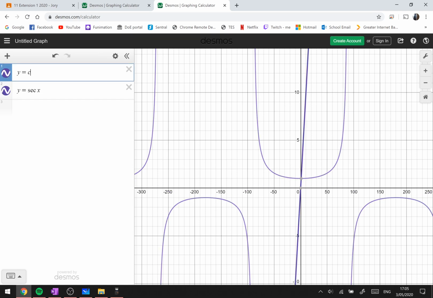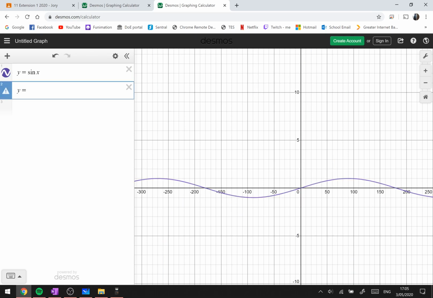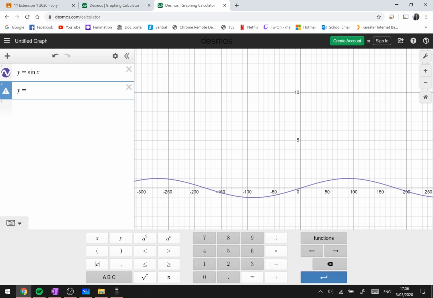And of course, if we compare sine, automatically we can say, well, if we're taking a reciprocal, that there, and that there, we're going to have asymptotes, and my function is going to be 1 there, and there, and there. Let's have a look. So cosec, let's have a look and see what's on my function list.